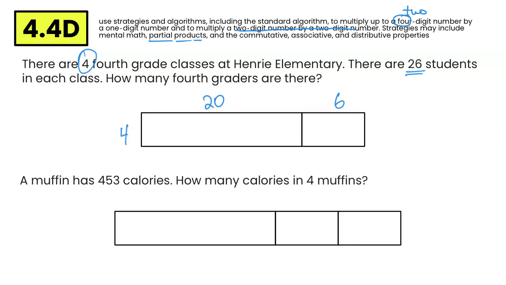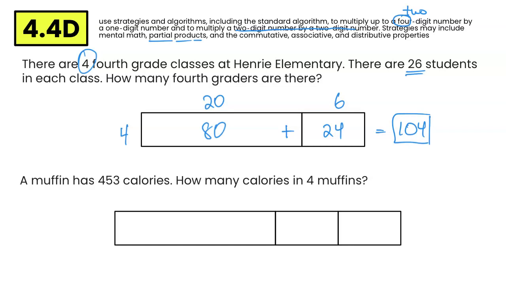So when I do 4 times 20, I know that that's going to give me 4 times 2, which is 8, with a 0 added at the end. And then 4 times 6 is going to give me 24, which I recall from my facts. Then adding those 2 numbers together is going to give us the result of 104.